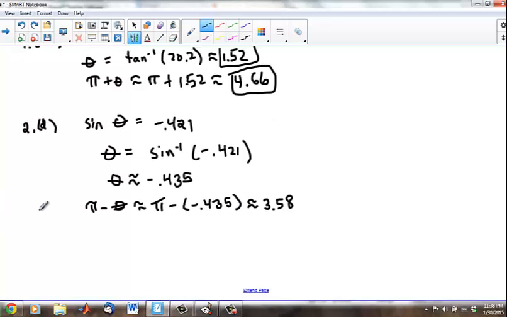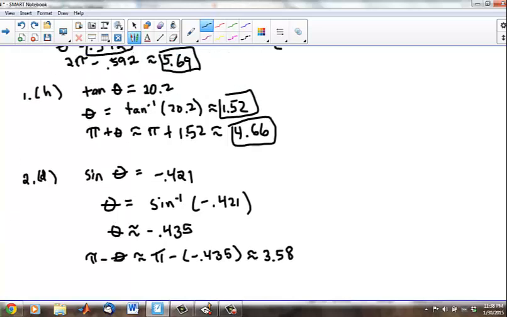But we need another value of theta which is between 0 and 6.28. And if I add another pi to this, it is going to get me over 6.28. So I have to think of another identity.